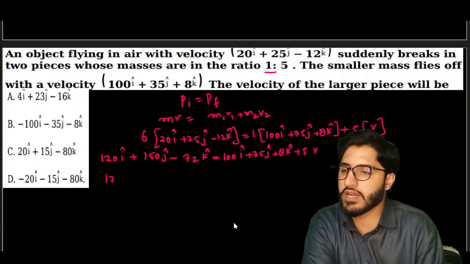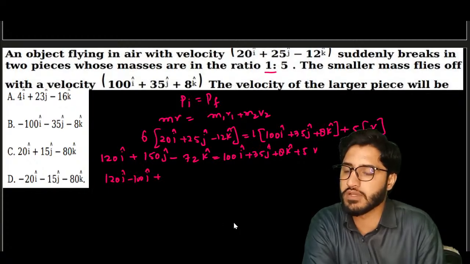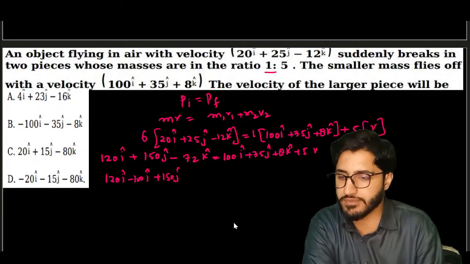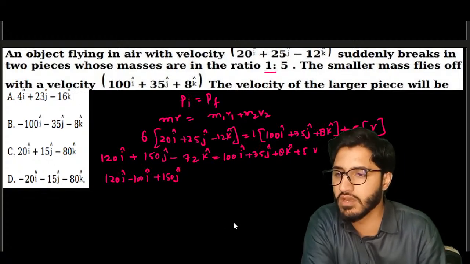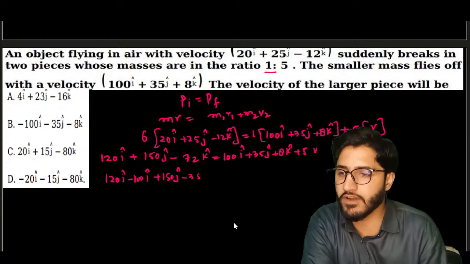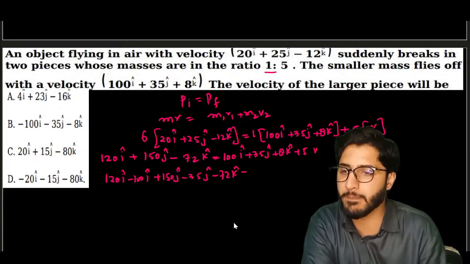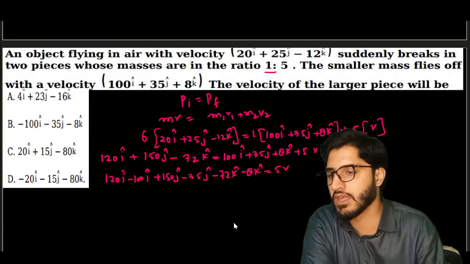Can I write 120 i cap minus 100 i cap plus 150 j cap minus 35 j cap minus 72 k cap minus 8 k cap equals 5 v.